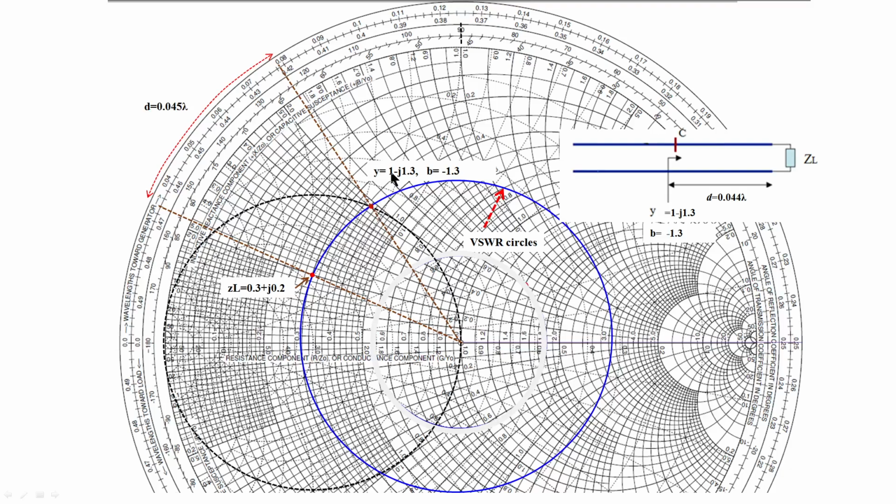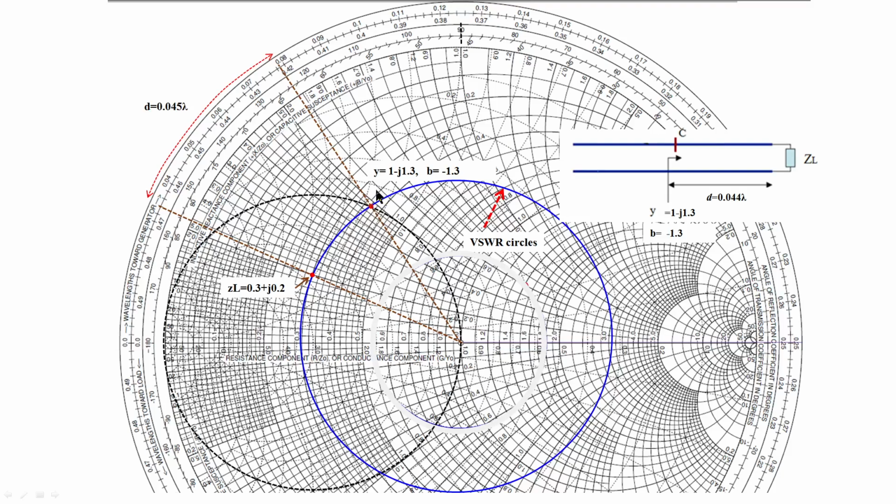Conductance value 1. Susceptance value. See, this is 1.4, that circle is not passing. This susceptance circle is also not passing. 1.2, 1.3 is not passing. In between 1.2 and 1.4 it is passing. So approximately I took the circle value equal to 1.3, because it is in between 1.2 and 1.4.